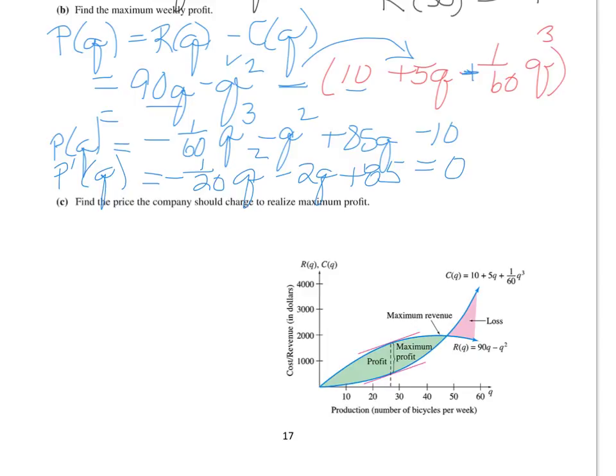the formula gives two solutions, actually. The first solution is that Q is equal to 25.8. It doesn't come out to be an integer value. And Q equals negative 65.8.